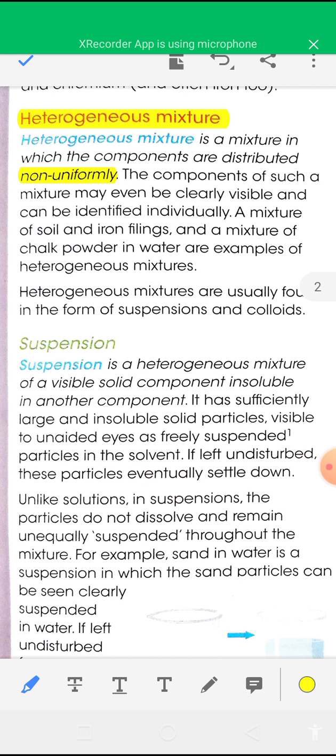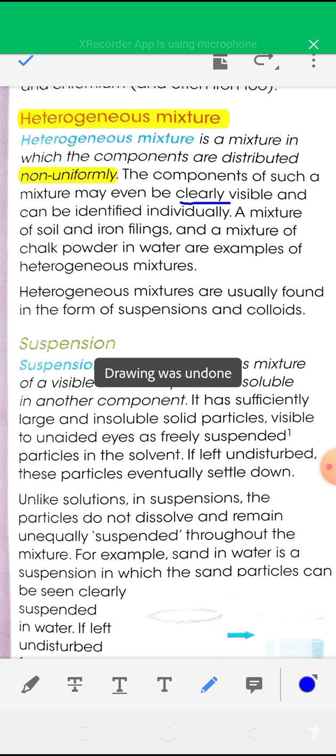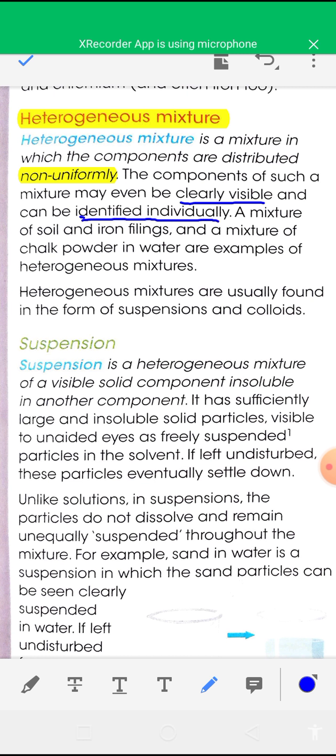In such a case, the components of the mixture may even be clearly visible and can be identified individually.